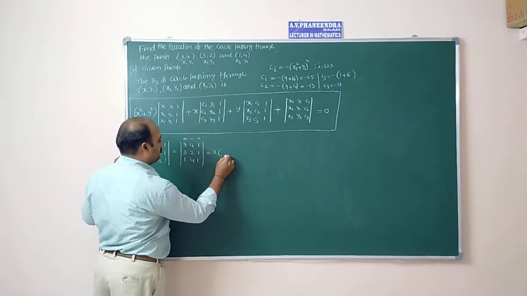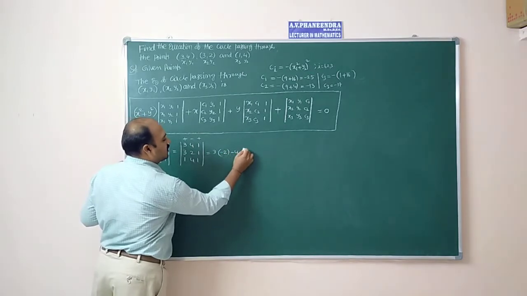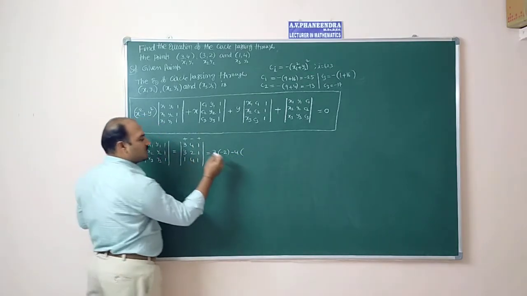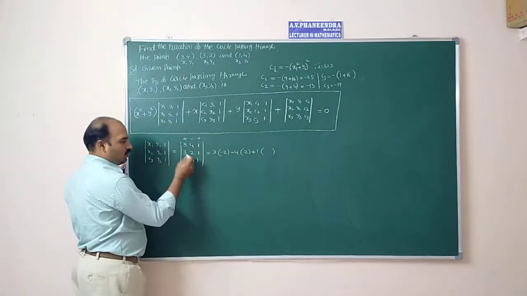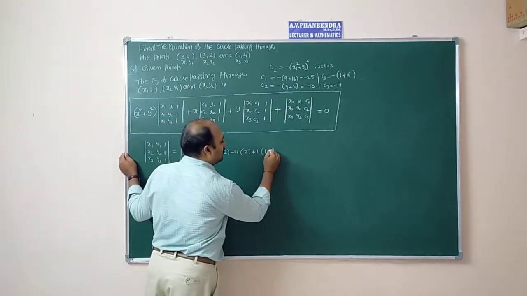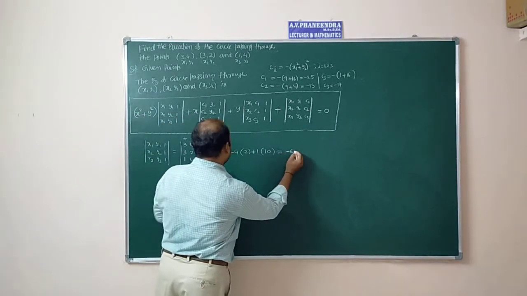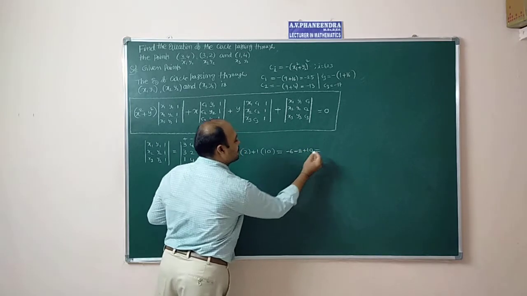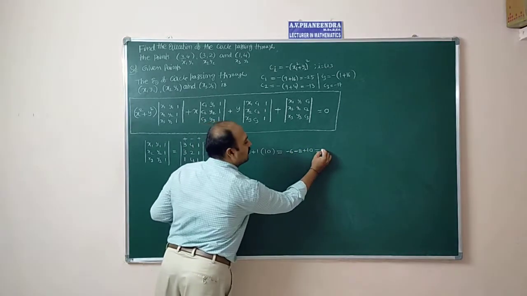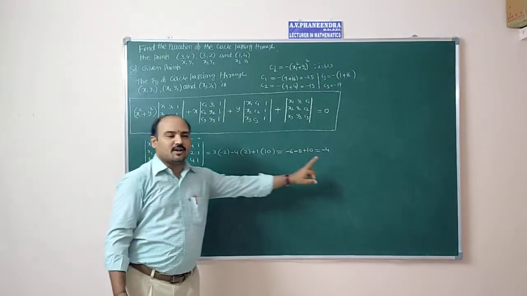So 3 into (2 minus 4) minus 4 into (3 minus 1) plus 1 into (12 minus 2), which is equal to minus 6 minus 8 plus 10, which is minus 14 plus 10, minus 4. So the first determinant value is minus 4.